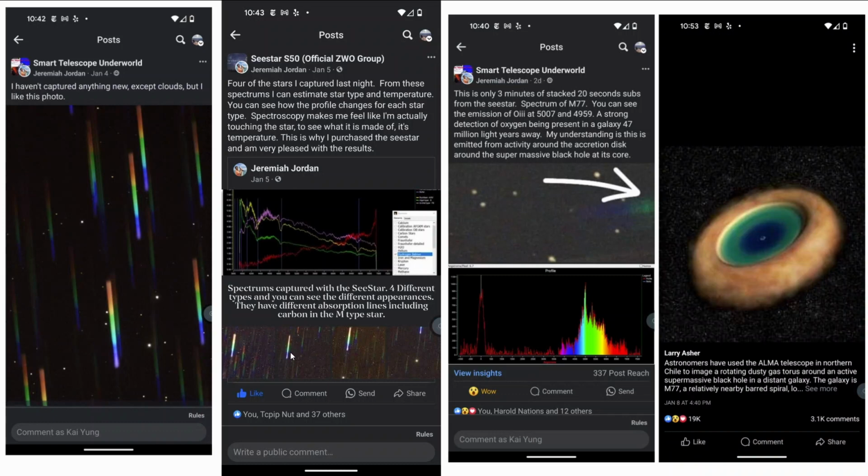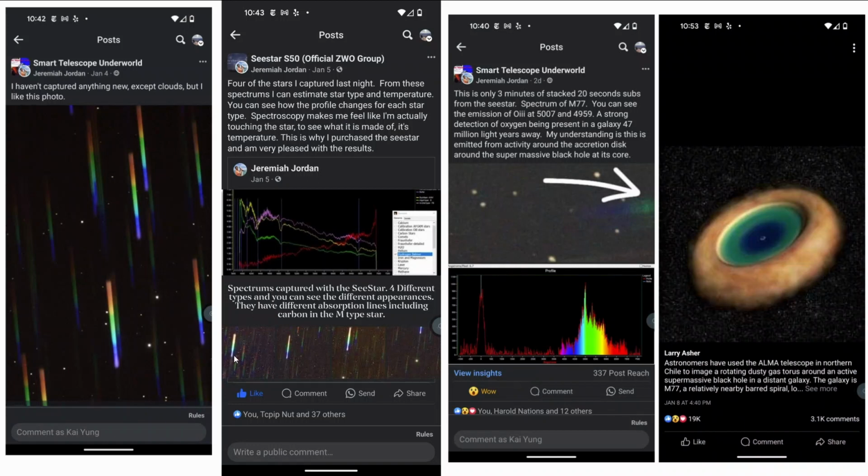Here's the other example of the grating inside the cavity, mentioned before, where Jeremiah was able to do 4 different exposures of different stars, each on its own frame. From there, he was able to plot the spectra over wavelengths, the intensity of the emissions.